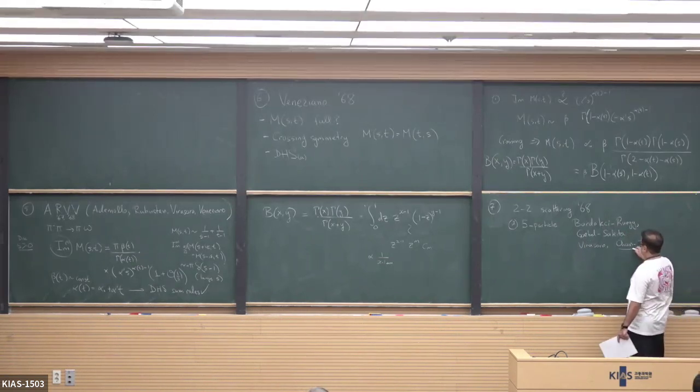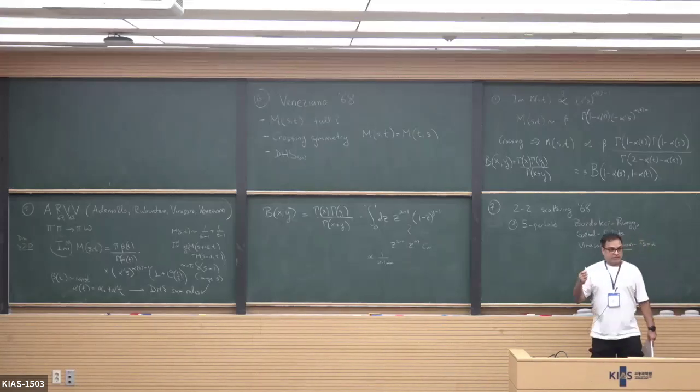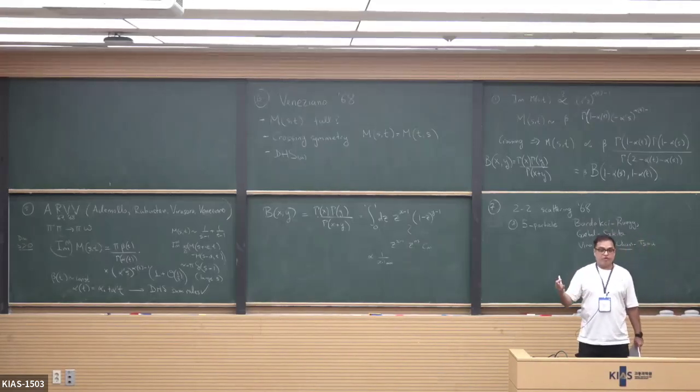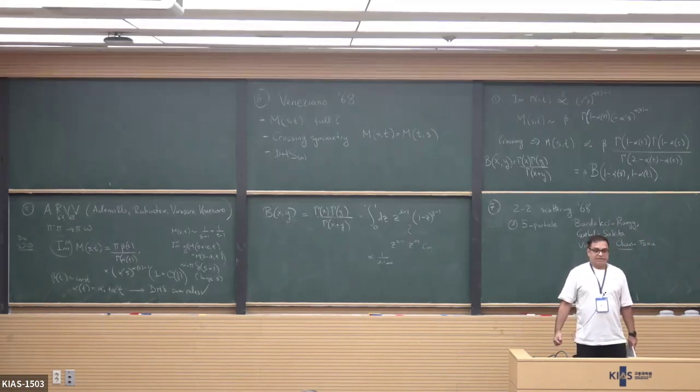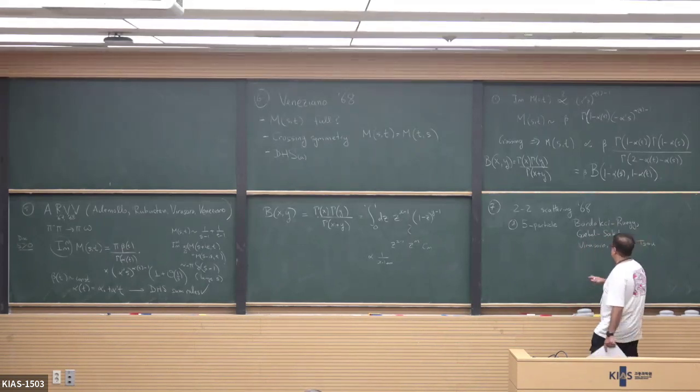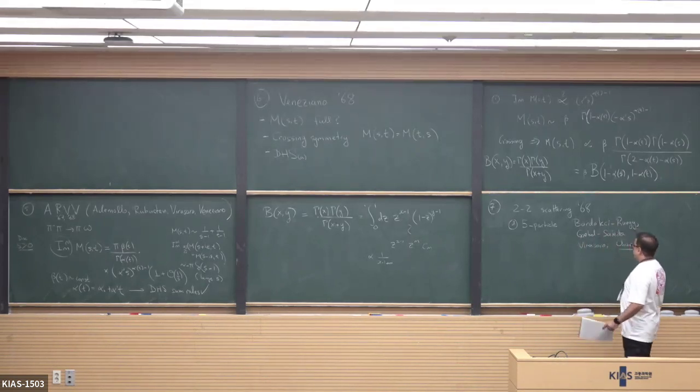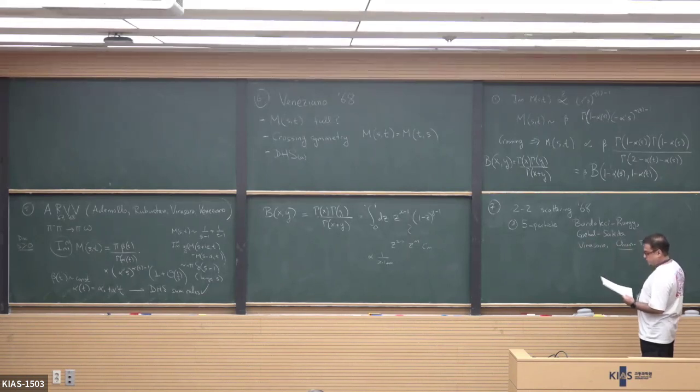And in fact, when I do the 5 particles, many of you are familiar with the U variables. How many of you are familiar with the U variables that Nima talks about in his papers? Yeah, these U variables were introduced by Chan, and they are sometimes called the Chan variables.